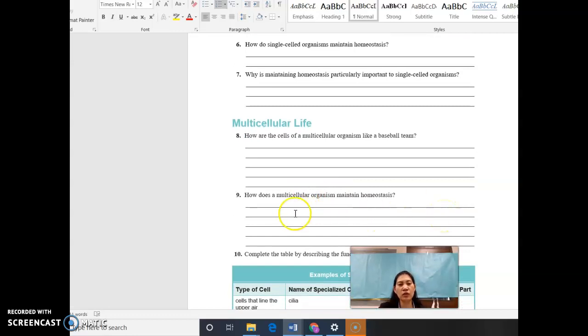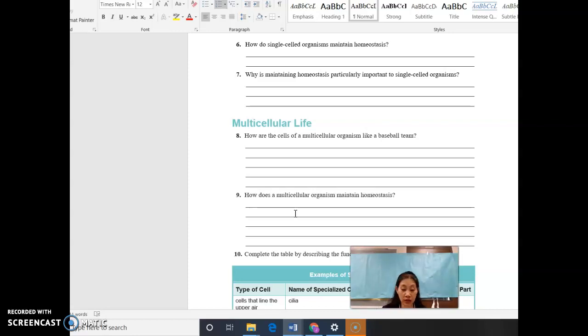So next question, number 9. How does a multicellular organism maintain homeostasis? Multicellular organisms like humans, animals and plants maintain their homeostasis by having specialized cells that must maintain their own homeostasis and cooperate with other cells.